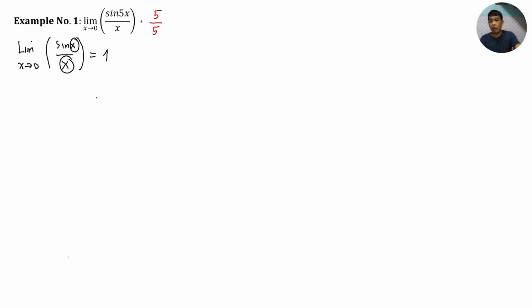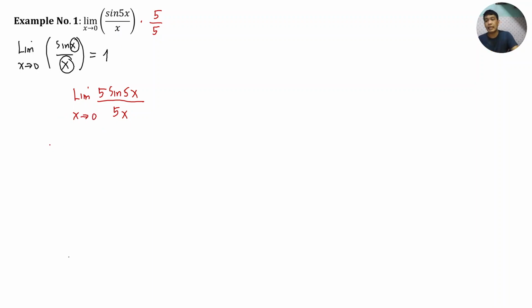So, when I do that, it becomes the limit of sine 5x multiplied by 5 all over 5x, because this 5 multiplied by x is 5x, as x approaches 0.